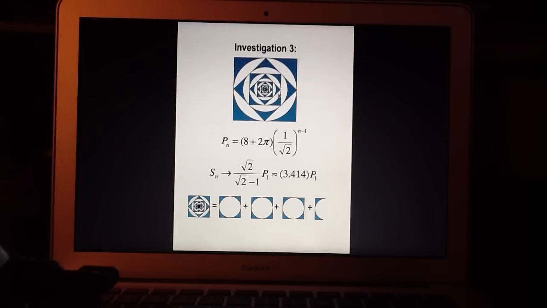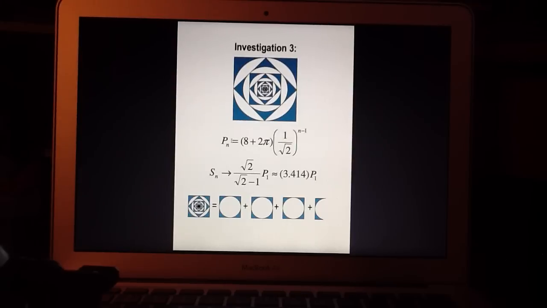Now, just to save some time here, I've already done the background work, and you can see it in the paper. Here's the geometric sequence formula for finding the nth perimeter. The first perimeter turned out to be 8 plus 2 pi, and this time the common ratio stayed as 1 over rad 2, because that's the common ratio between each of the square side lengths.